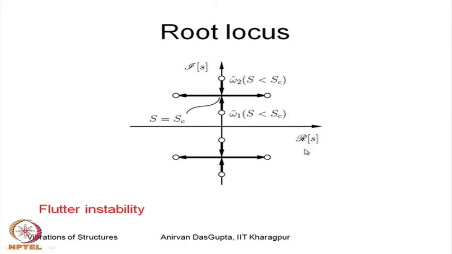So, remember that S is plus or minus i omega tilde. When the follower force magnitude is less than the critical value, this is the distribution of the circular natural frequencies, plus or minus i omega 1 and plus or minus i omega 2.